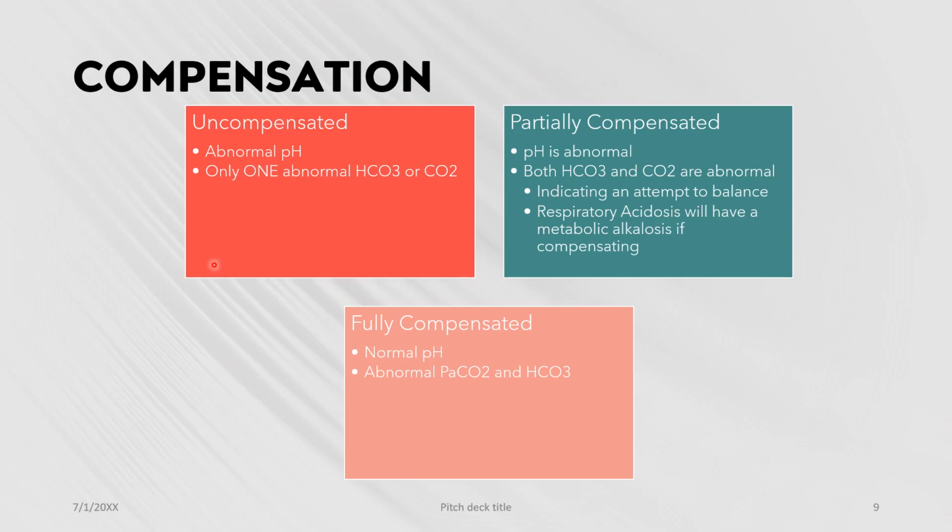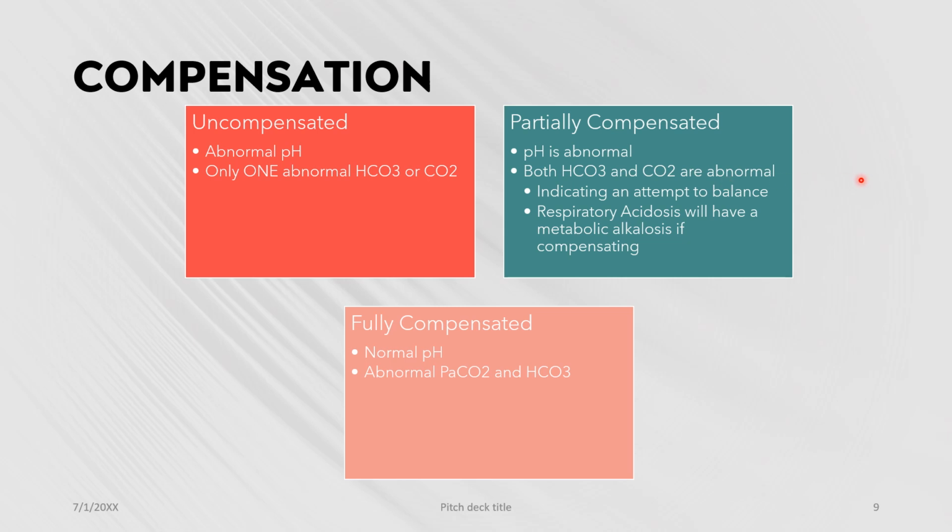Okay, so next we're going to see, are we compensating? Uncompensated is when we have an abnormal pH, and then only one abnormal value, either bicarb or CO2. So we'll have one normal value and one abnormal value. Partially compensated, we still have an abnormal pH, but both our bicarb and our CO2 are going to be abnormal.